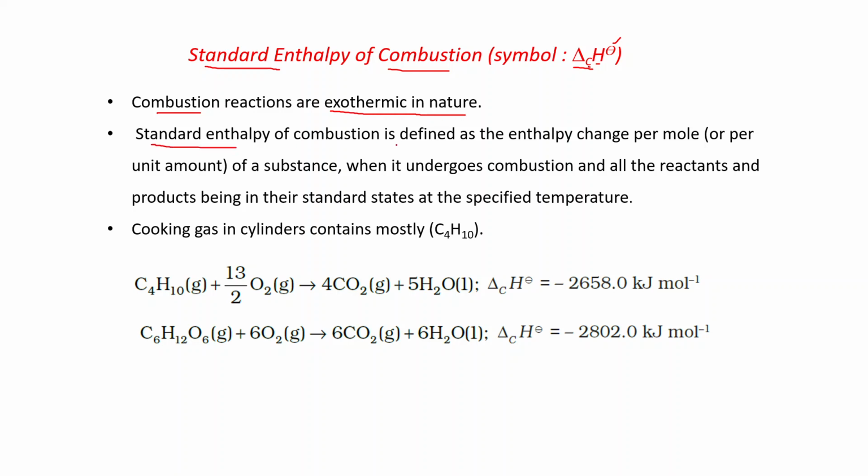Standard enthalpy of combustion is defined as the enthalpy change per mole or per unit amount of a substance when it undergoes combustion and all the reactants and products are in their standard states at the specified temperature.